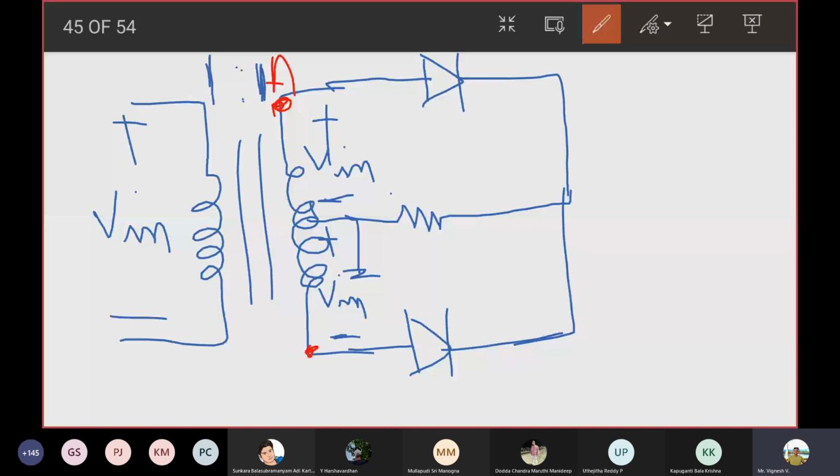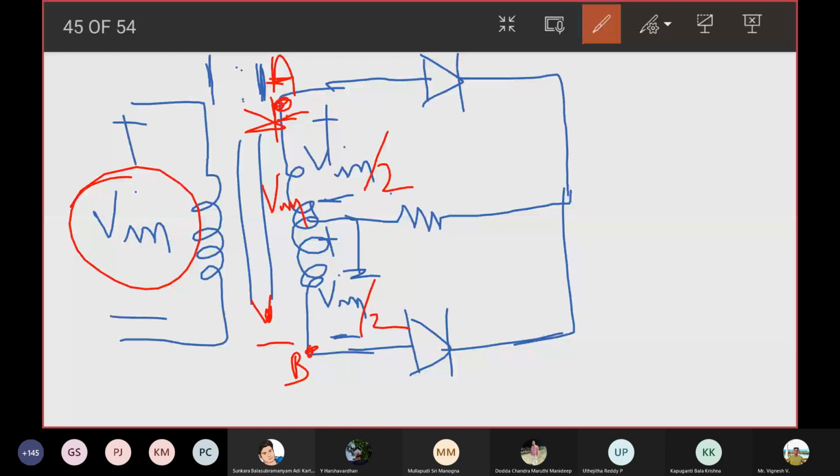So what is the diode seeing as the input? The diode is seeing the input as Vin/2 and Vin/2, right? But the input you're giving is Vin. But since you have center tapped, that is getting reduced to Vin/2. Am I right? So if you apply input voltage as 3 volts, what you end up getting here is just 1.5.